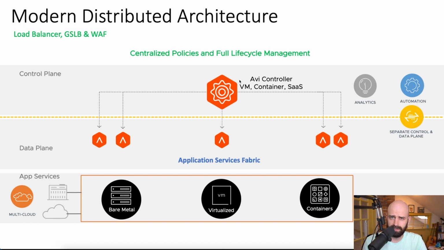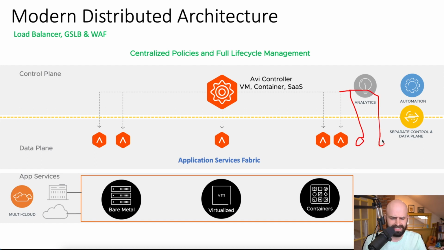This controller is the GUI, the API, the CLI, and we have a distributed data plane. So one thing that's unique about this data plane is the default mode of behavior is active-active. You would have to intentionally configure it to be active standby. The default is active-active. So that means a lot of the scaling challenges you might have with a traditional load balancer are overcome because you can scale out by just adding more active load balancers.